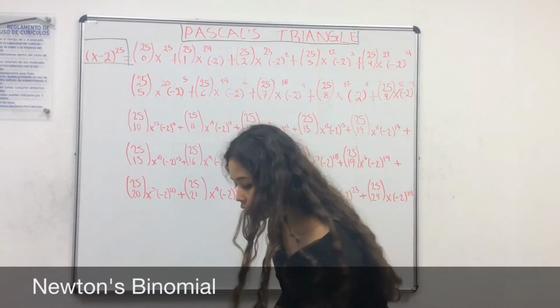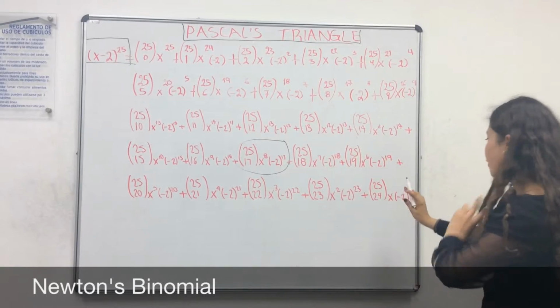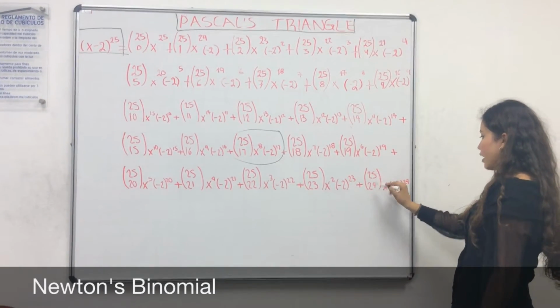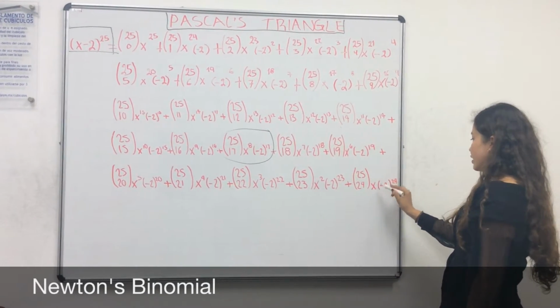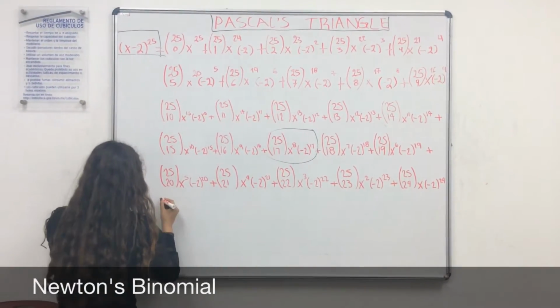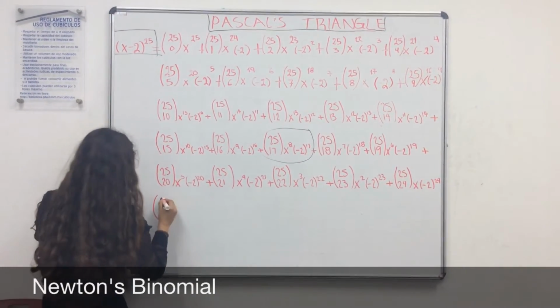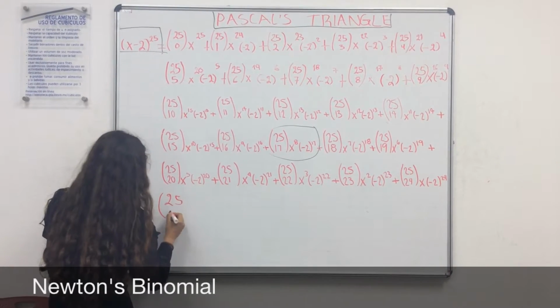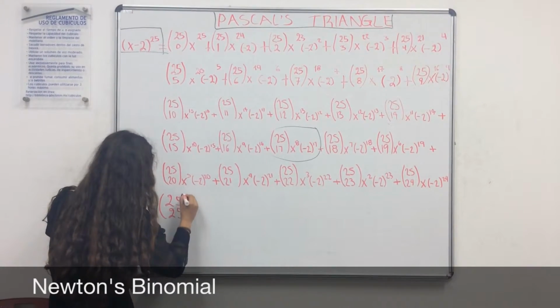And finally, as you can see, we have, for example, 25 choose 24, x multiplied by minus 2 to the 24, and the last term of our expansion will be 25 choose 25.